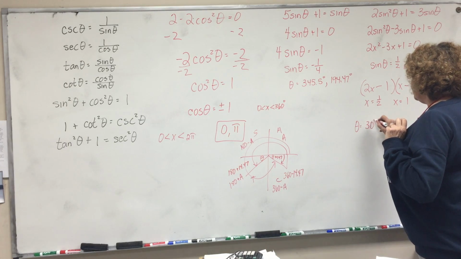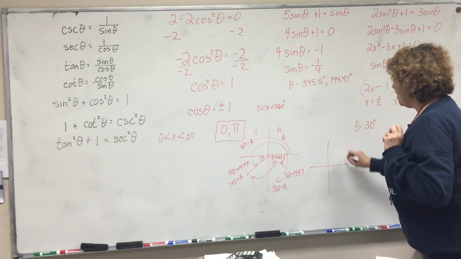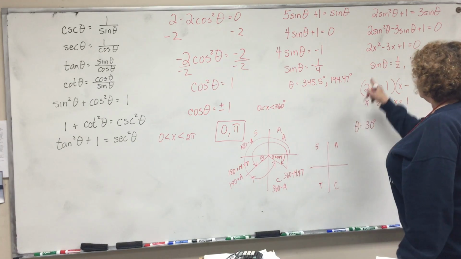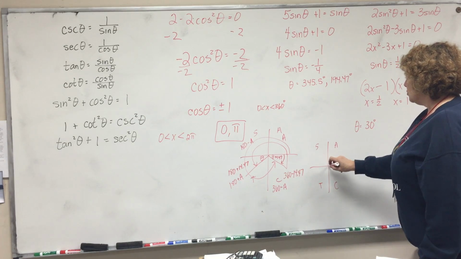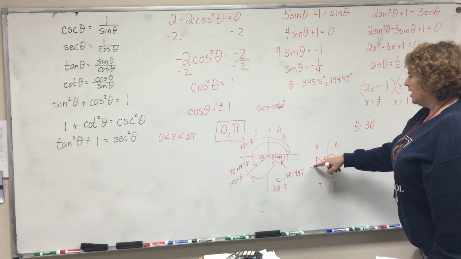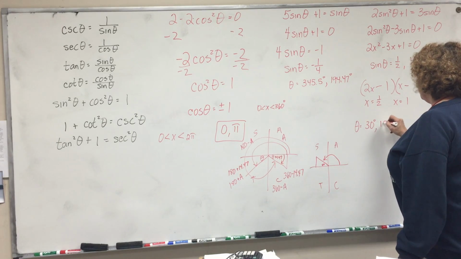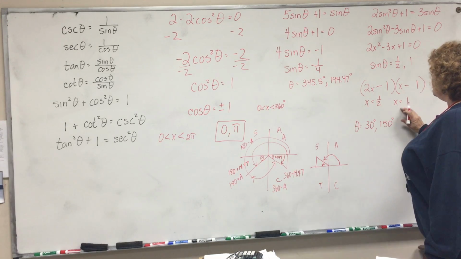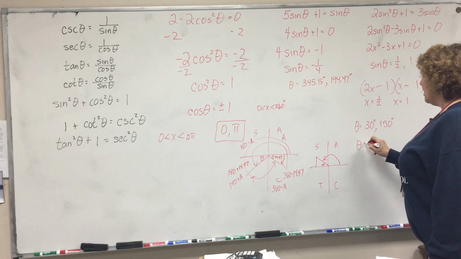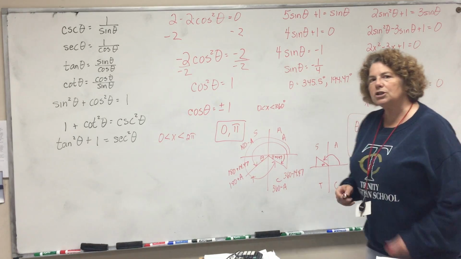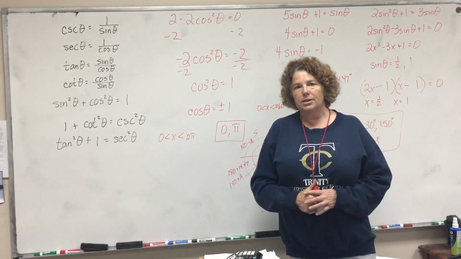So 30 degrees, and your sine is positive here, so it's 30 degrees. Your reference angle is 30 degrees here, so that means it's 180 minus 30, so 150 is your other one. So that's your answers for the 1/2. Your sine is 1 at only one angle, and that's 90 degrees. So keep your unit circle close by to help you with these problems.